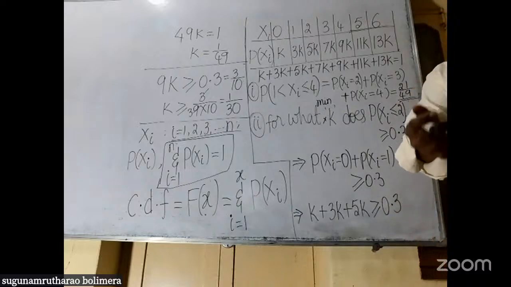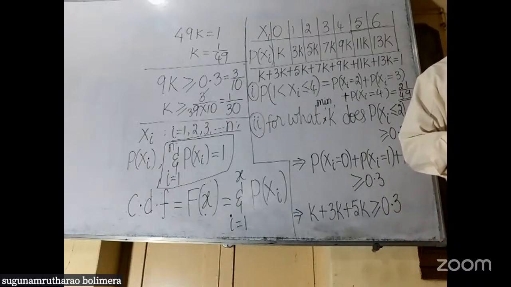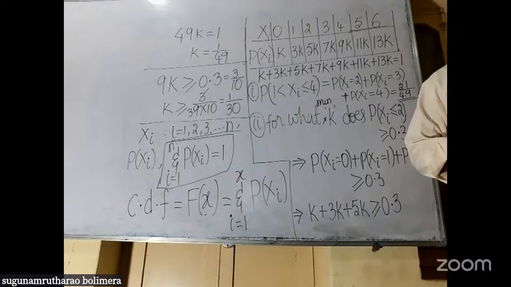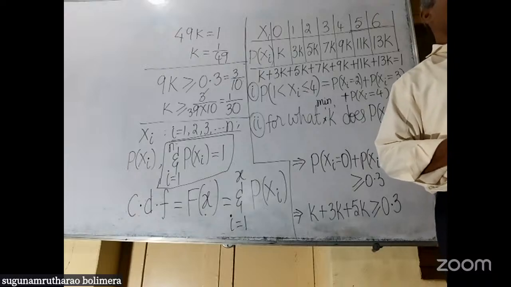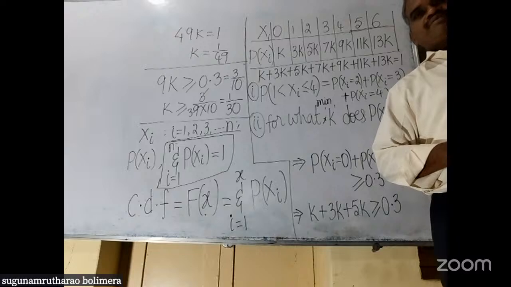Or if it is asked in terms of decimals, you can write 1/30 as 0.0333 and so on.